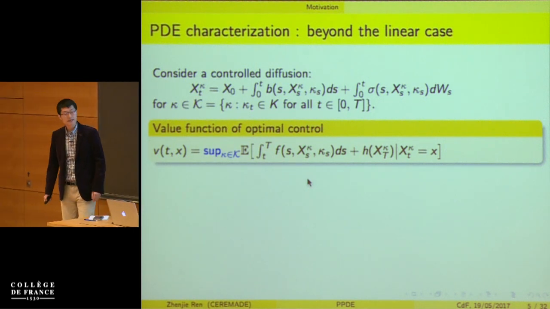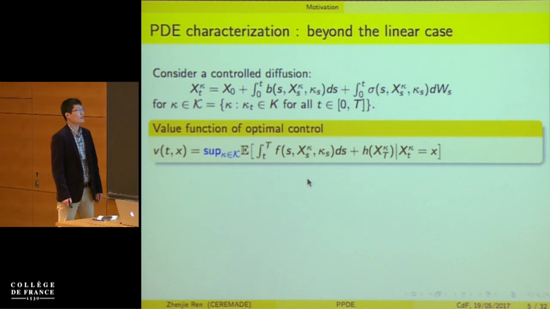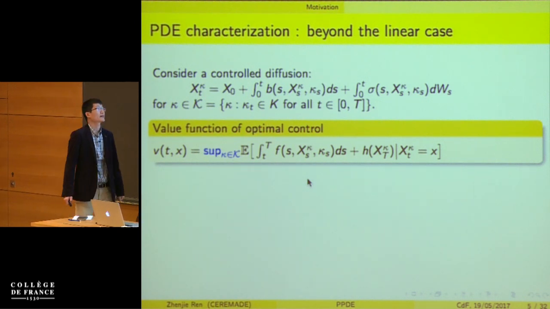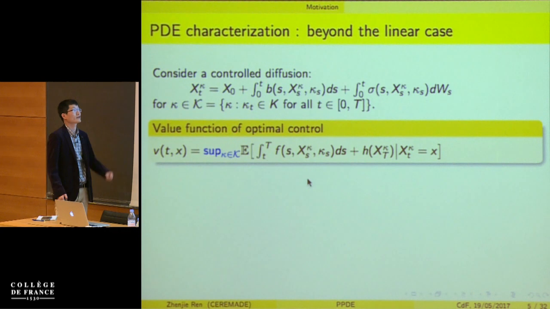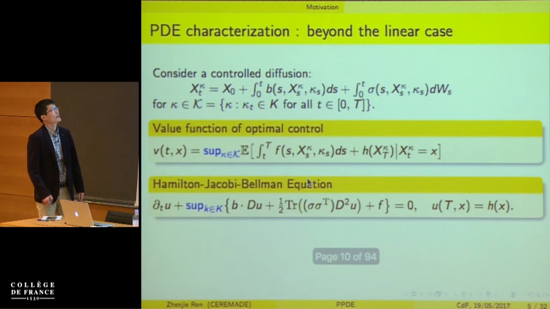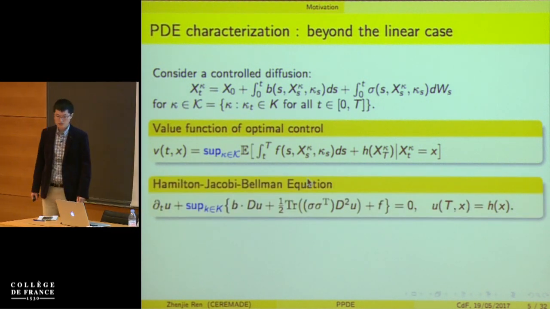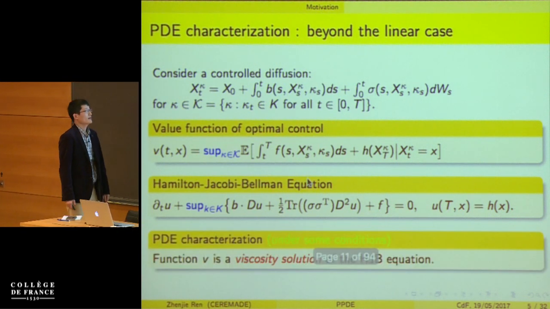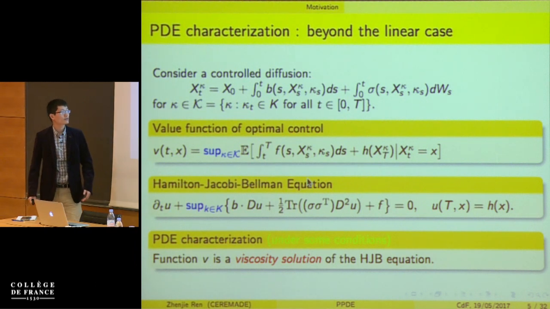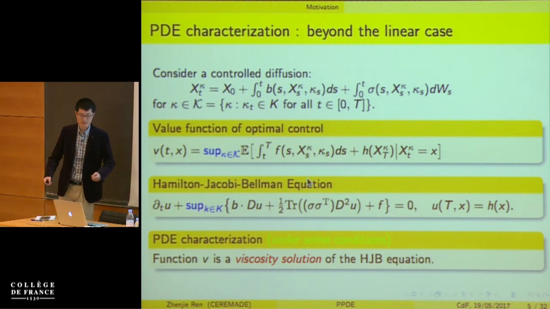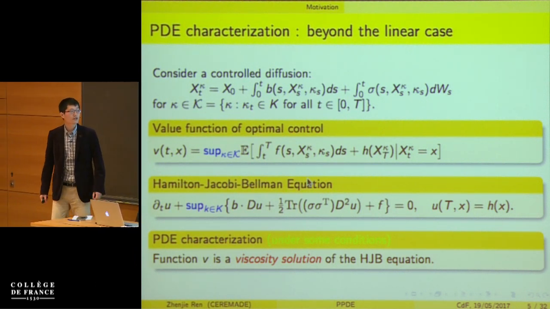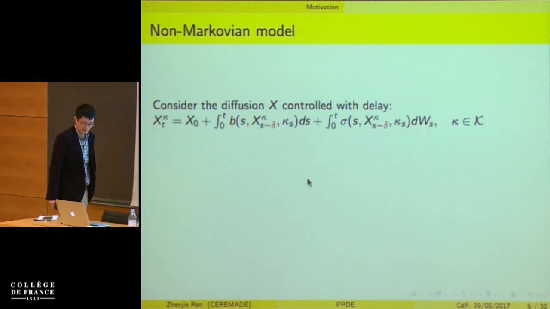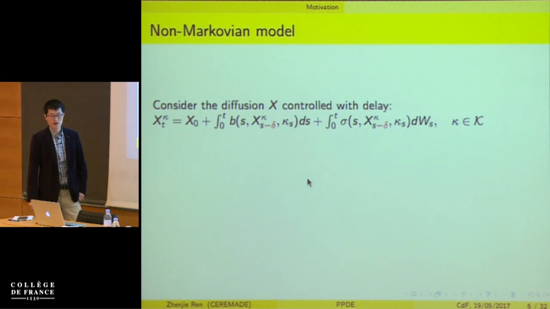The function V is the value function, which maximizes the conditional expectation of the utility function F and H. It is connected to the HJB equation, which is fully nonlinear. And under some mild conditions, we can prove that the value function V is indeed a viscosity solution to the HJB equation.